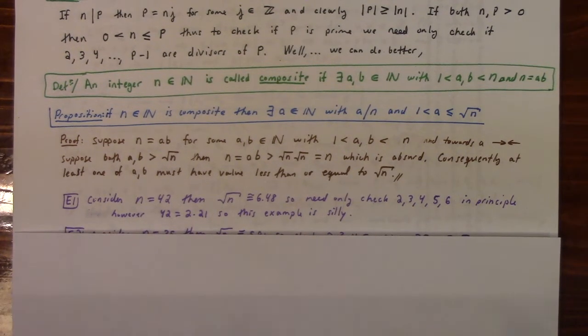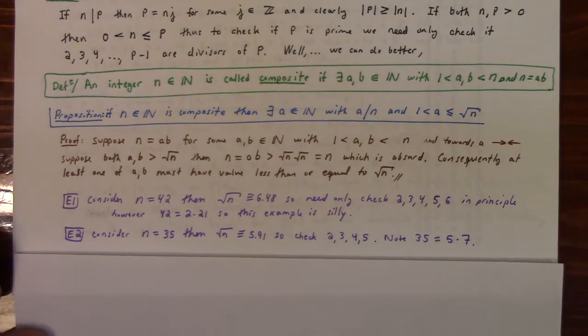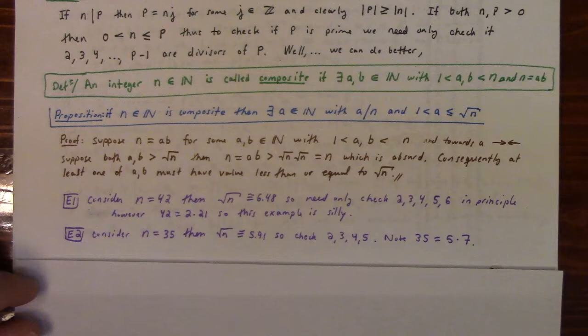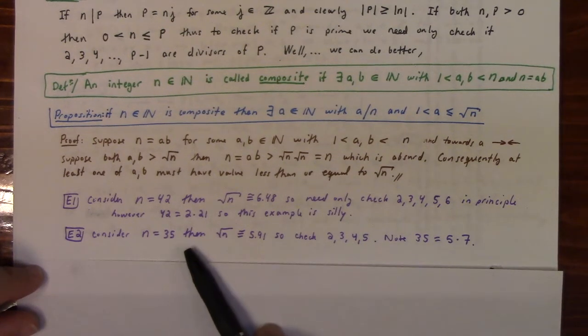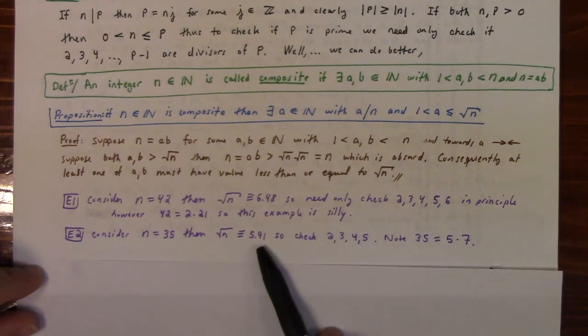Something I routinely neglect in the next 2 lectures, all right? There's always this refinement that could be made in many of our arguments. Just look at the odd ones, 2 is a special case. N equals 35, well, at least that's an odd example. So here the square root of 35 is about 5.91.